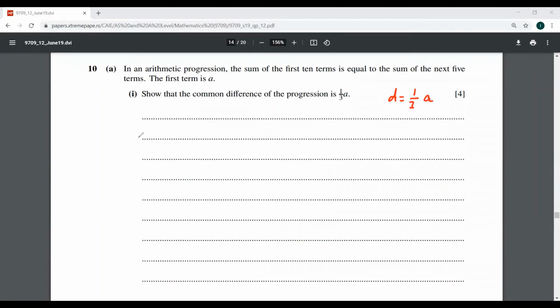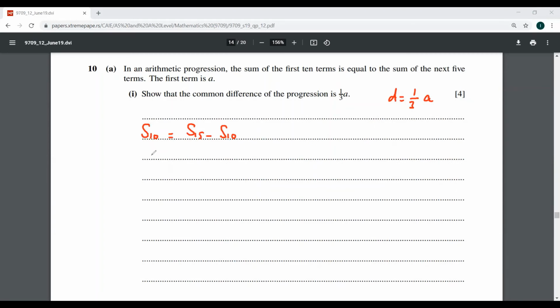So it's actually telling us that the sum of the first 10 terms is equal to the sum of the next 5 terms. So should that mean this is going to be S15 minus S10? Yeah, right? Next 5 terms would mean this, right?